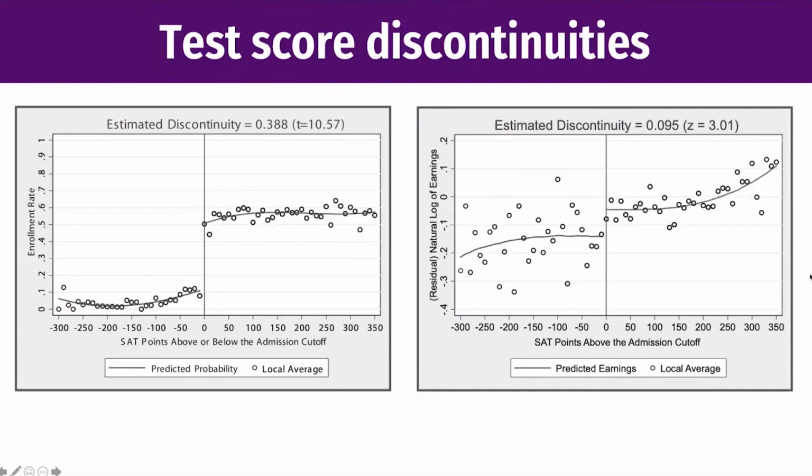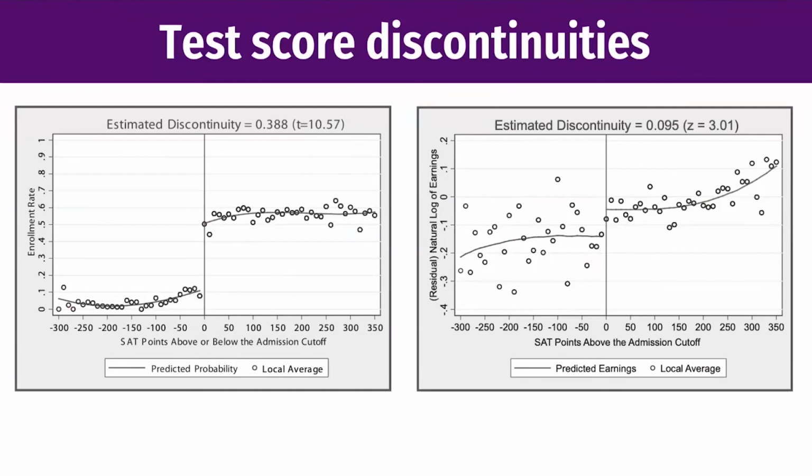And when they do other tests in this paper, they find that that effect kind of goes away. But the intuition still holds here. It's that same idea as the AIG program. Like this cutoff is determining your access to the program, and then you can use that as basically fake treatment and control groups. And so if you compare these people right around the cutoff here, then that is the causal effect for those people who are right on the border of being accepted or not.